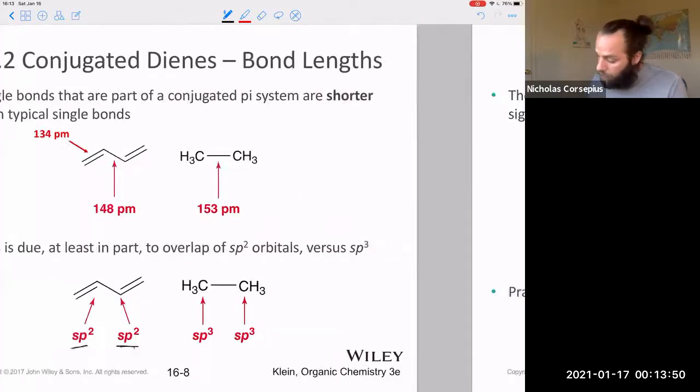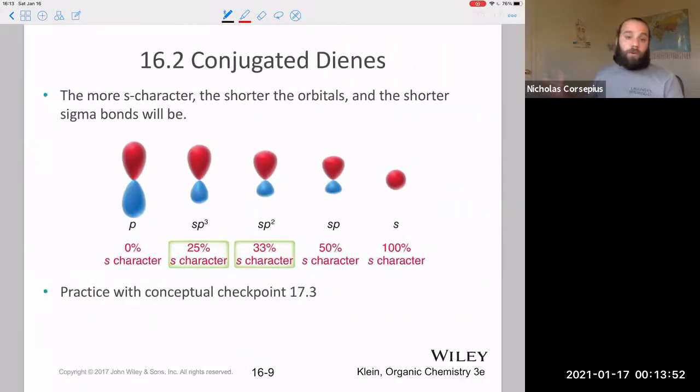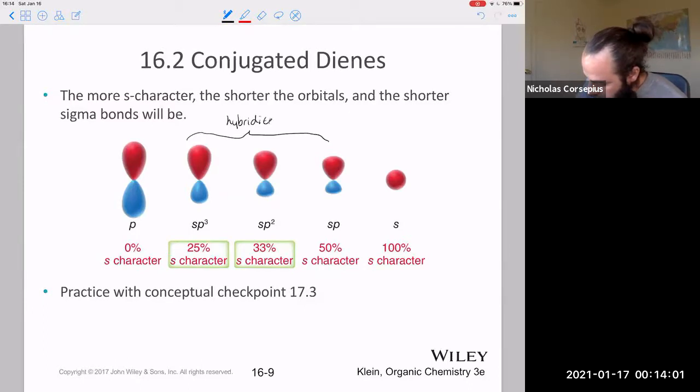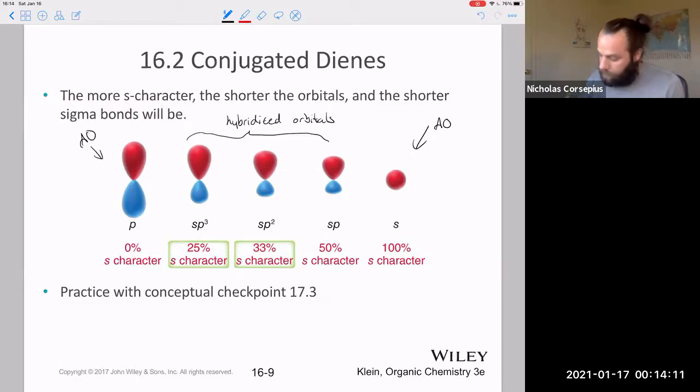So why is that? Remember, this is where you have to rewind yourself back to chapter 1, when we talked about hybridization. So these are hybridized orbitals. Remember that you have atomic orbitals like this guy and this guy, an s orbital and a p orbital. That's what an atom is made up of when it's all by itself. But when you bring it in contact with another atom and it forms bonds, those orbitals will hybridize.